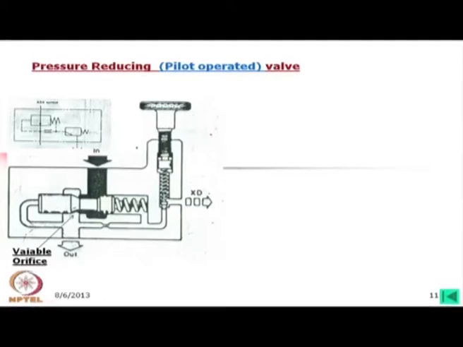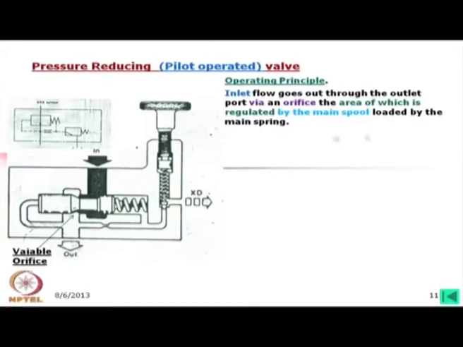In our laboratory we have this type of valve, and when the experiment will be there or some other time I can show you. Now, operating principle which I have already described, but quickly we will go through this. Inlet flow goes out through the outlet port via an orifice, the area of which is regulated by the main spool loaded by the mainspring.